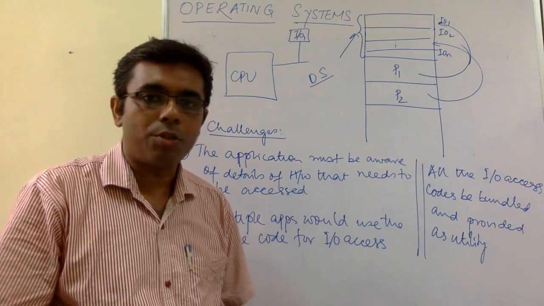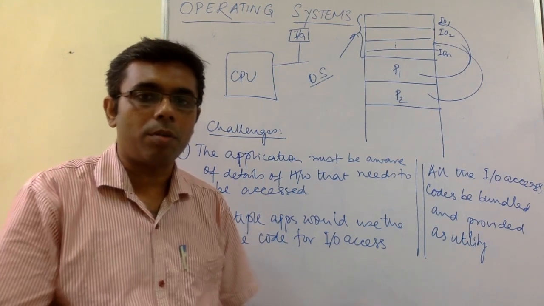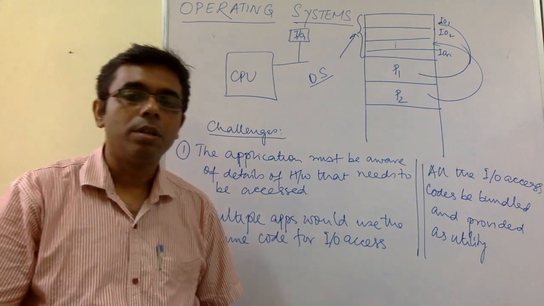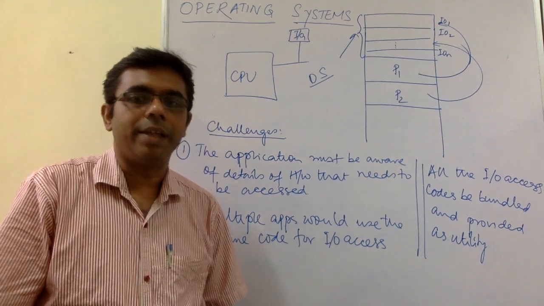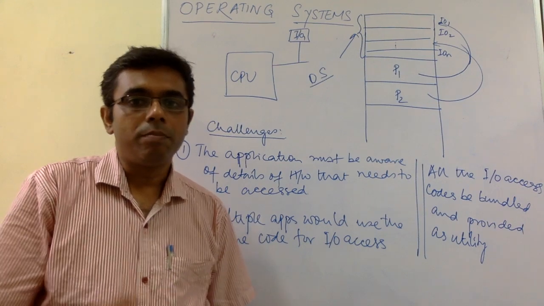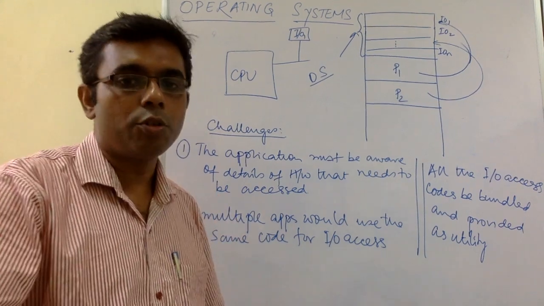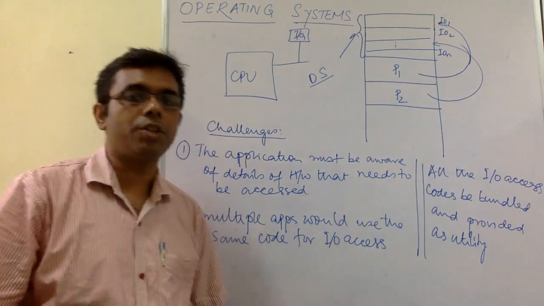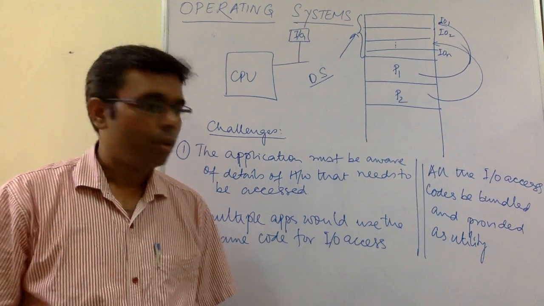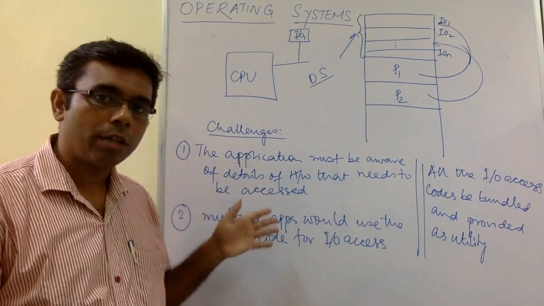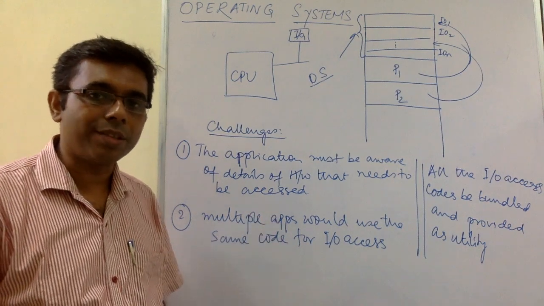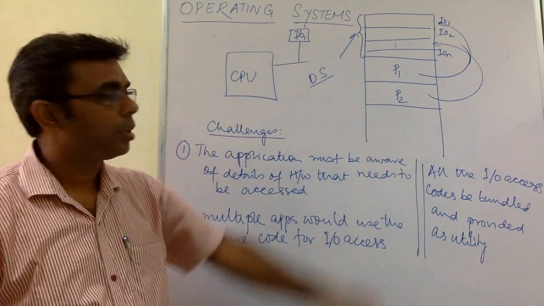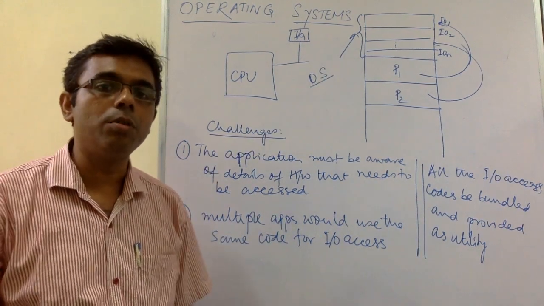And we can decide on how to share. That I'll talk about when I come to the OS goals. But this is the basic idea, that instead of providing them as separate codes, you provide them as a utility, which will be shared among a number of processes. So here's the challenge that a normal, traditional or bare machine model would face. And this is one solution, possible solution to overcome it.